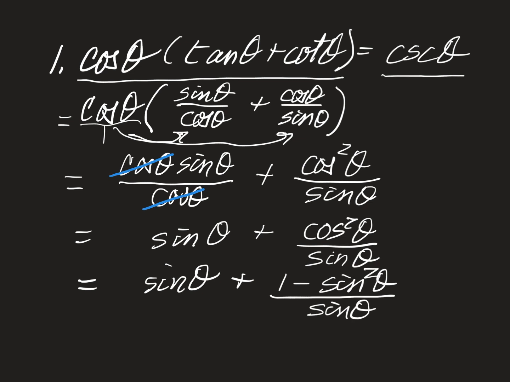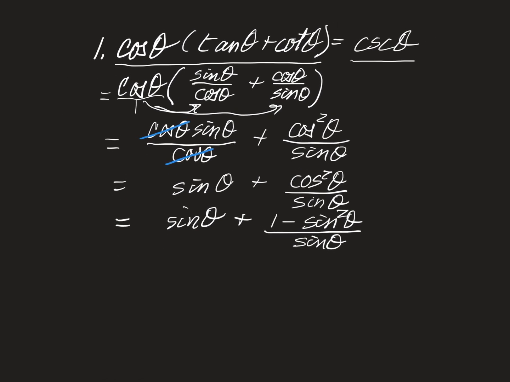Now, since I have numerators added together over a single common denominator, what I can do is I can write that as two fractions. I can split it up. So sine theta plus 1 over sine theta. Now, just so you notice, that's the cosecant theta right there. This right here is what I'm looking for.